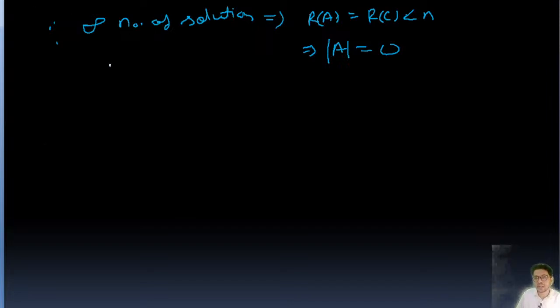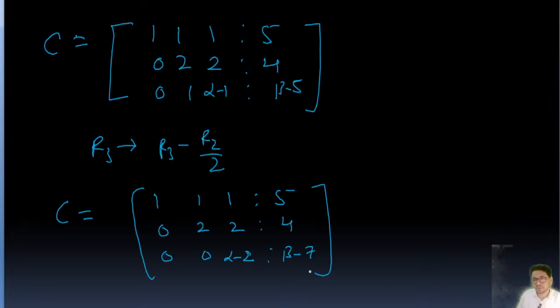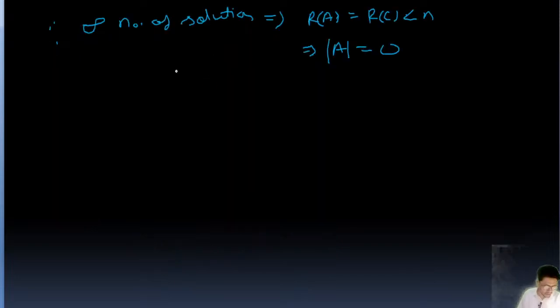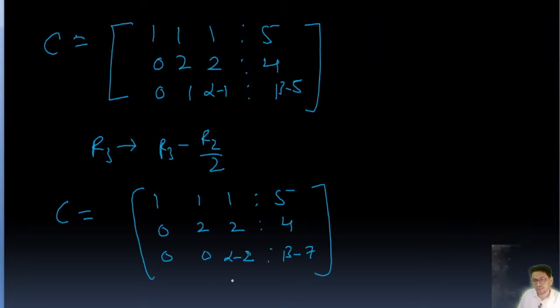Or we can say, for the determinant to be 0, this term and this term should be 0, right? Then this part of the matrix is going to be 0. So simple. This means alpha minus 2 is going to be 0, and then the determinant of this complete part is going to be 0.